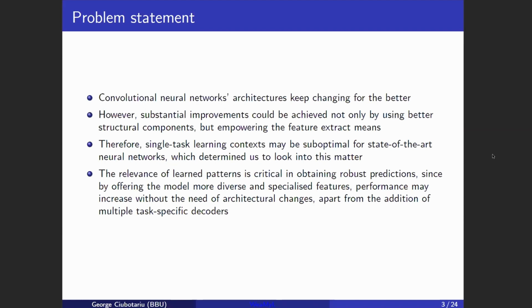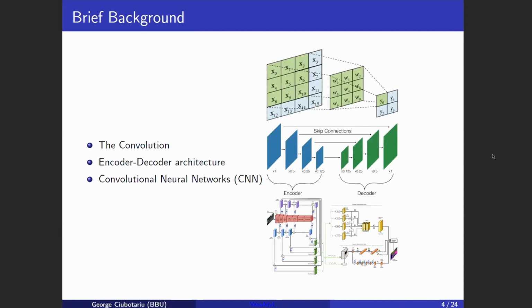So yeah, this is the most relevant thing we are going to continue with, namely the convolutional neural network and the encoder-decoder architecture. So far you've been pretty comfortable with the convolution, I guess, from the previous presentations, and I'm not going to insist on it.